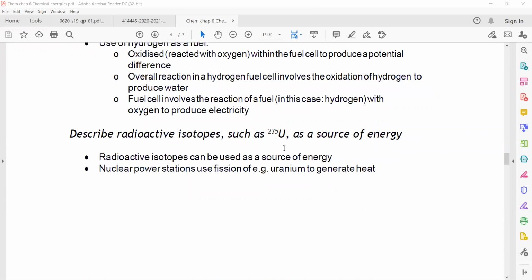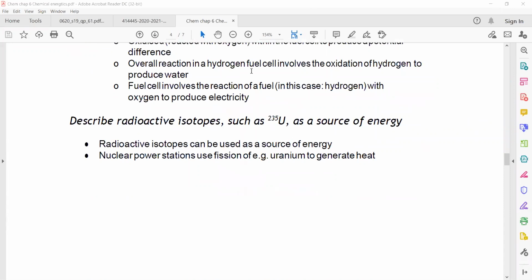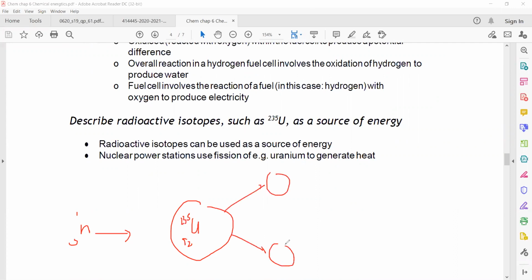Describe radioactive isotopes such as uranium as a source of energy. Uranium is a radioactive element, unstable. We can target this uranium with a neutron, which will undergo a nuclear fission reaction. In nuclear fission, the heavy nucleus breaks down into lighter ones by releasing three more neutrons, and this will be multiplied.